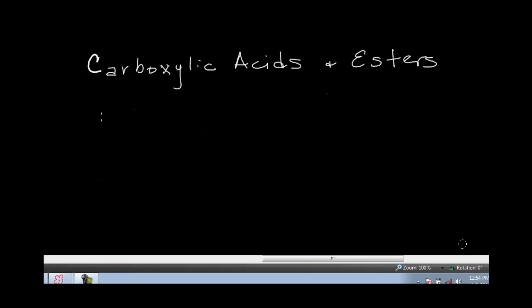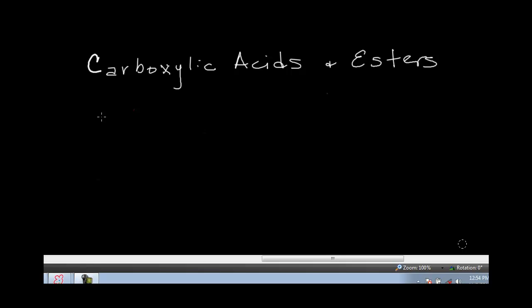Aldehydes. Very good. And aldehydes, furthermore, would oxidize to yield carboxylic acids. So again, we are going to revisit carboxylic acids. This is a new module that will study them, and it will also study esters, and that one's new. Okay, so carboxylic acids will be a review, and esters will be new.